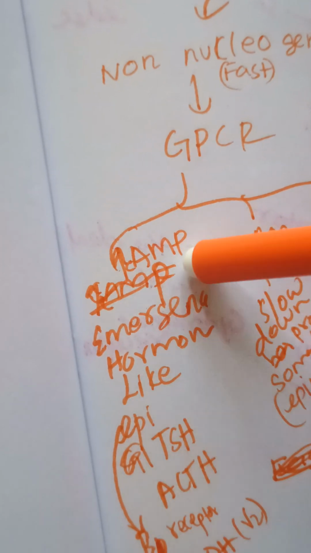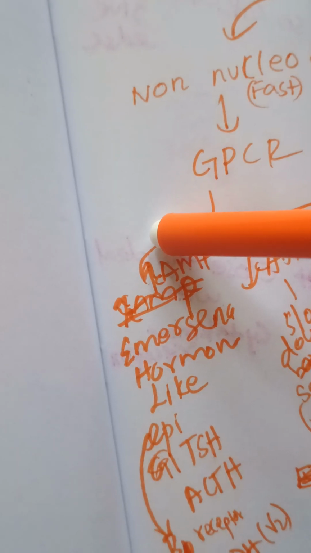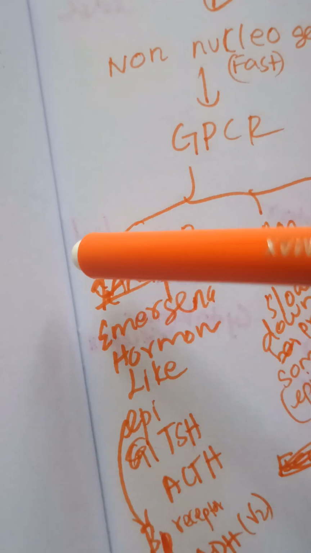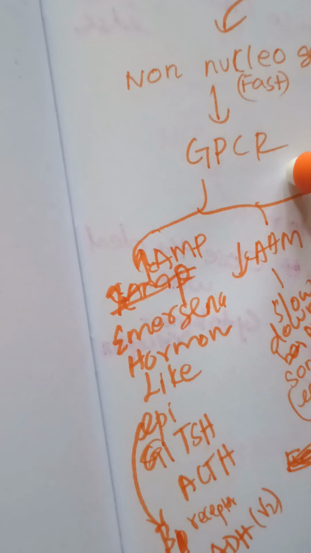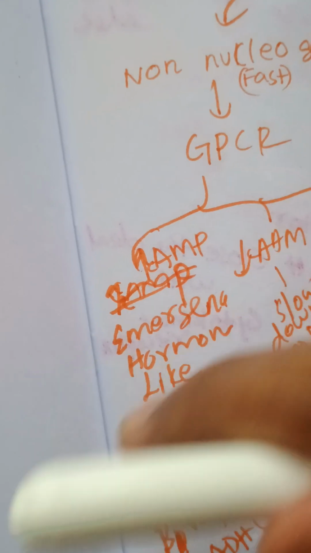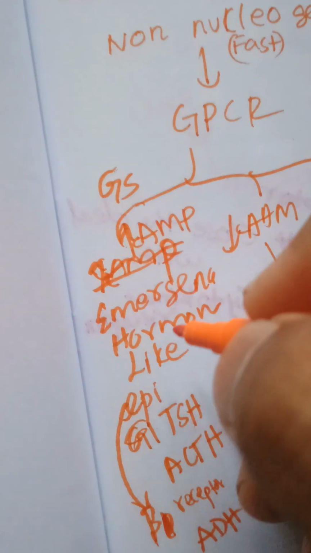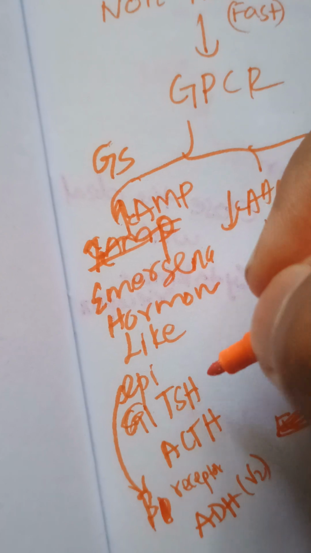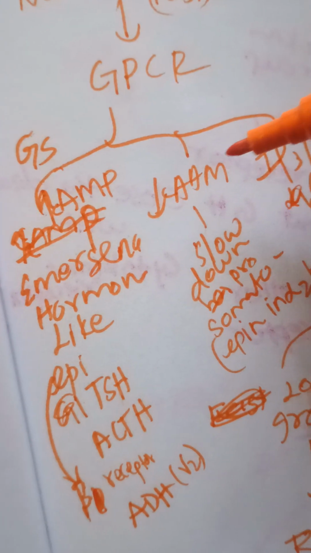So emergency hormones like epinephrine and TSH stimulate the GPCR receptor. The Gs subunit will increase the cyclic AMP and give the respective actions for the respective cells.